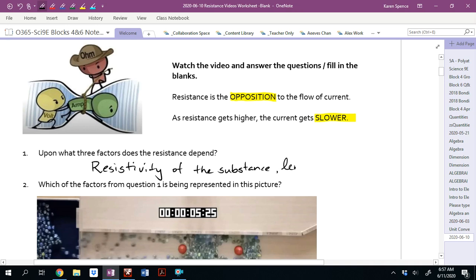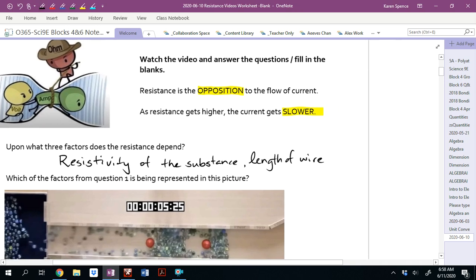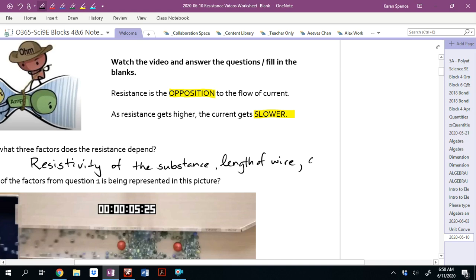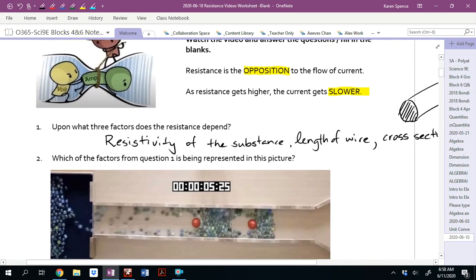It depends upon the length of the wire, and it depends upon the area of the wire, which is the cross-sectional area. If you're wondering what cross-sectional area is, if you had a wire and this is the end of it, this area right here is the cross-sectional area.